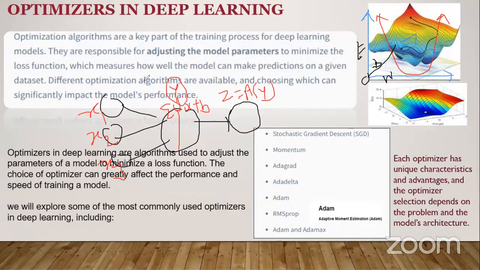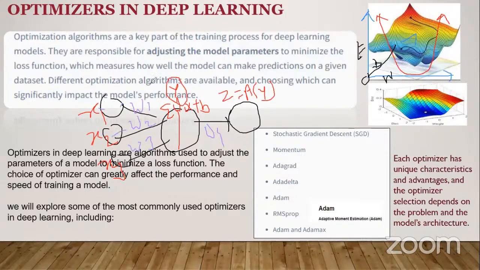And then everywhere we have weights, right? This is weight 1, this is weight 2, this is weight 3, and here it will be weight 4. So how is the process happening? We are getting inputs like x1, x2, x3.